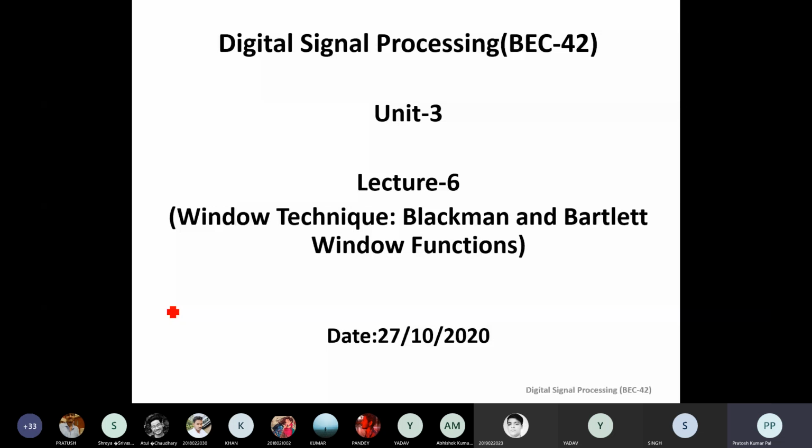After going through different window functions, if a given specification is there for a particular low pass filter, and we design the same low pass filter using different window functions, we will be getting different values of n and different values of pass band attenuation and stop band attenuation.